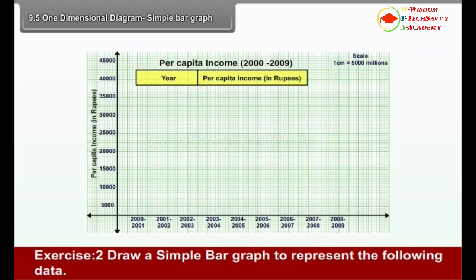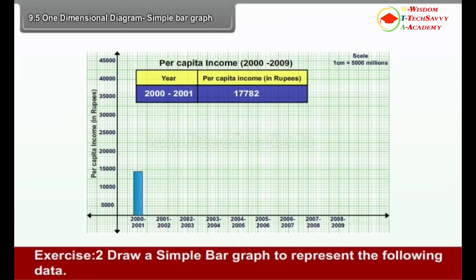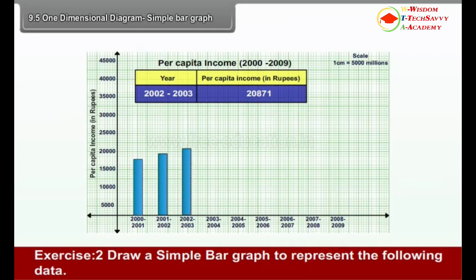Year, per capita income in rupees. 2000 to 2001, 17,782. 2001 to 2002, 18,885. 2002 to 2003, 20,871. 2003 to 2004, 24,095. 2004 to 2005, 27,183.